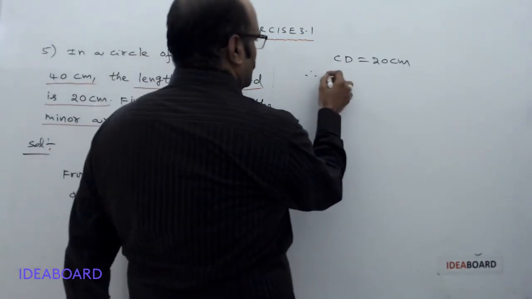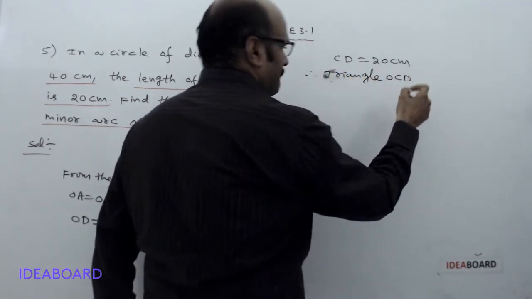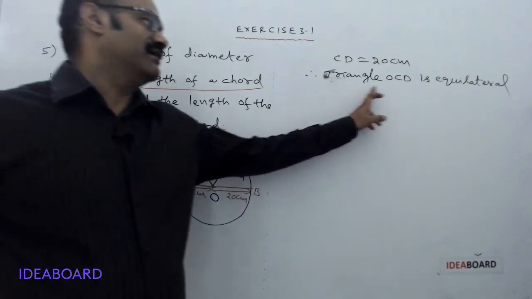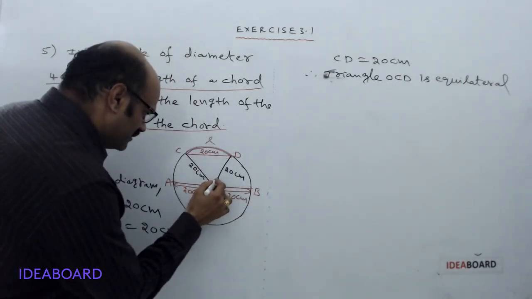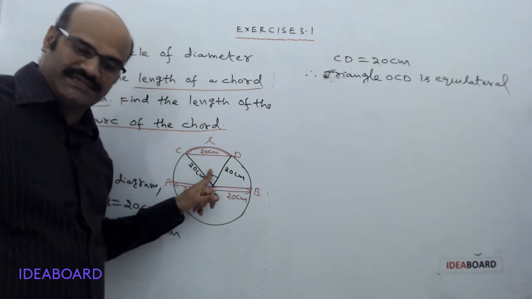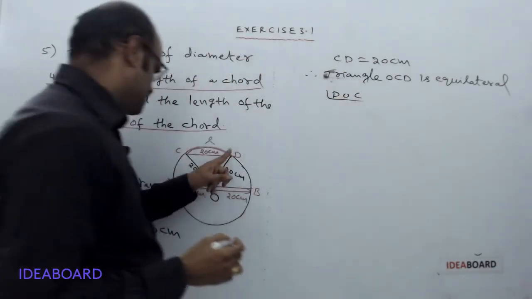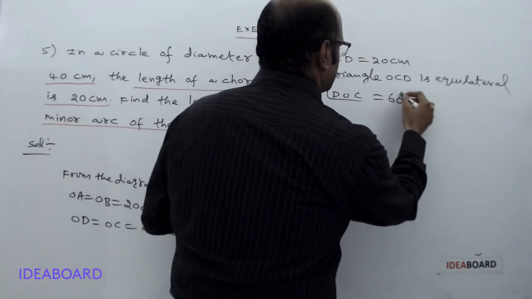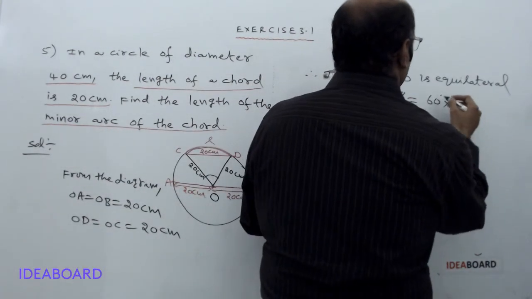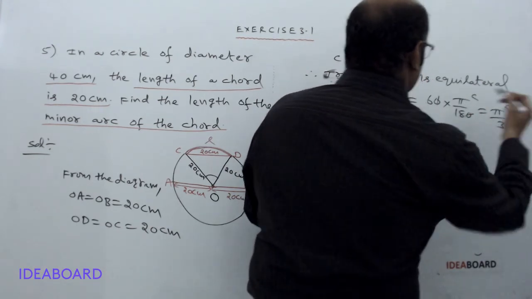Therefore, triangle OCD is equilateral. Since it is an equilateral triangle, in an equilateral triangle each and every angle should be equal to 60 degrees. 60 degrees means angle DOC equals 60 degrees. 60 degrees equals pi by 3 radians. 60 into pi by 180 radians, so equal to pi by 3 radians.